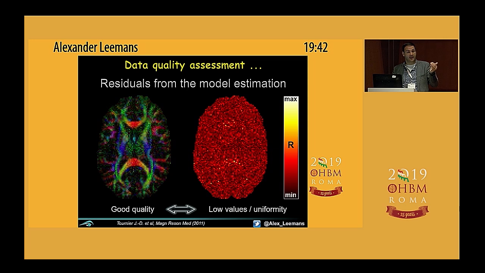Think of the A and the B of the slope and the offset in the line model. So once you've estimated those, you can recompute what the diffusion-weighted signal should have been, subtract it from the measurements, right, the measured diffusion-weighted signals, and then you get this map. You can average them across all the diffusion-weighted orientations to be more sensitive to the map, and you'll end up with something like this. So the way I see this, this is a good quality example.